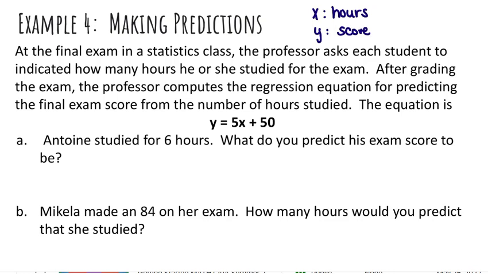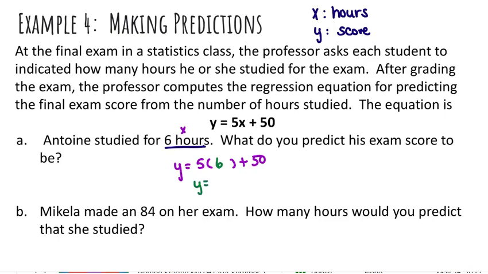Okay, so once we've identified that, Antoine studied for 6 hours. Which one did they give us? They gave us the x. So we're going to say y equals 5x plus 50, and instead of x, we are going to put in 6 hours.